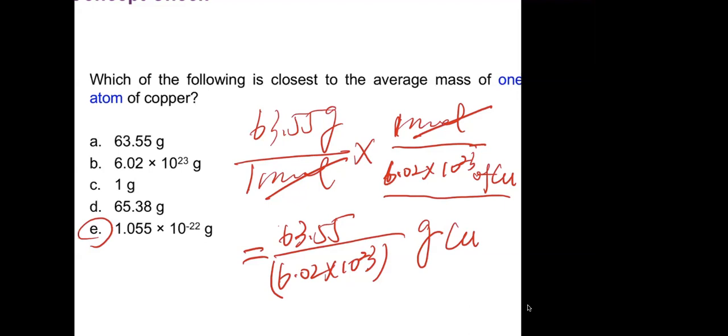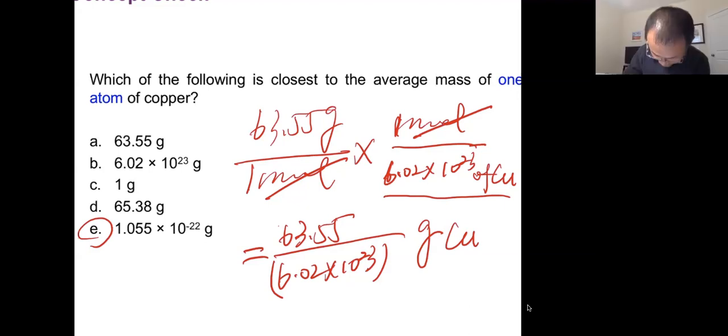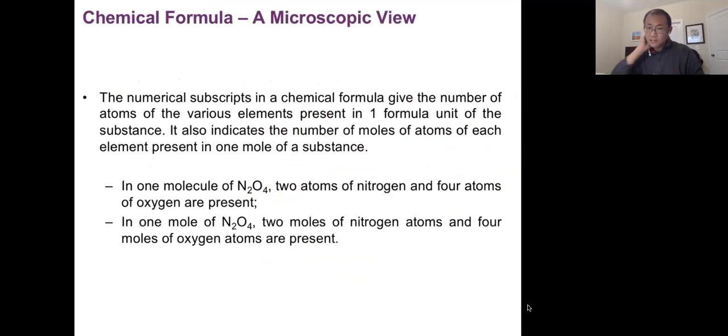Yes. Perfect. Next. Okay, next. After we understand what is mole and what is grams and what's the relation between grams and mole, let's take a deeper look at the details of a molecule and apply the concept of moles to it. We know when we have a molecule or a formula, the subscripts tell us the number of atoms of each element.